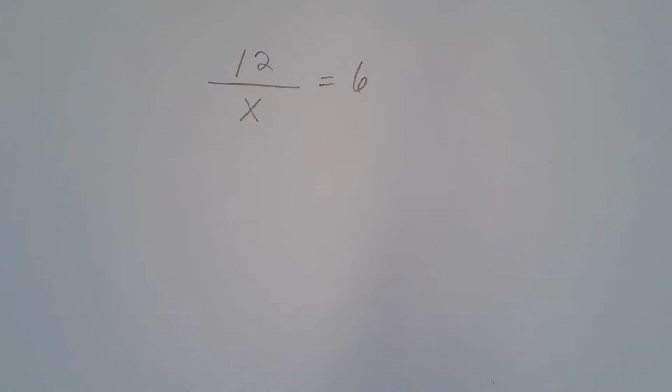We could do mental math here. But today we're going to learn how to do a process, because some of the questions are not going to be as easy or straightforward as that. So we need to find a strategy.